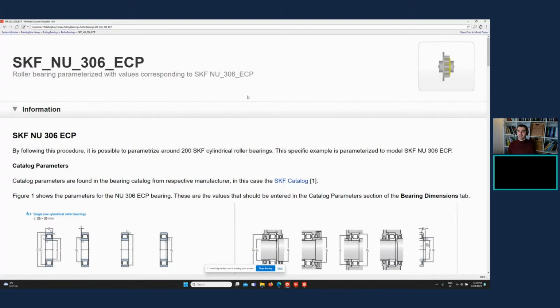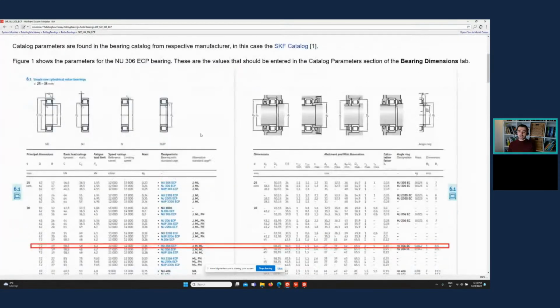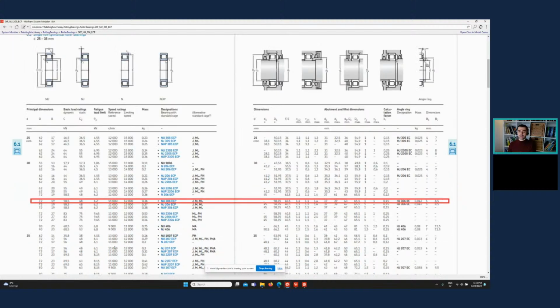Right. So you ask for SKF, and here, if you have a specific bearing, let's say any model, you can name it, for instance the one marked with red. You can read the corresponding parameters here and go to the model.